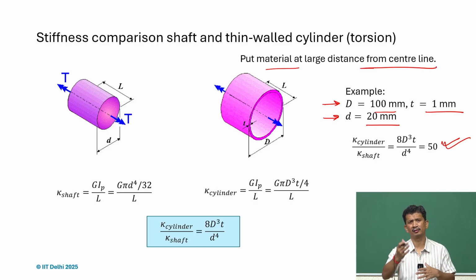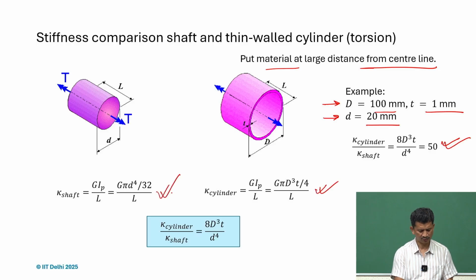We can also understand that when we apply any torsional load, the farther from the center, the forces will be smaller, and therefore the deformation will be small, and therefore the stiffness will be higher. So, that way also we can see, otherwise we can definitely use this formulation and compare ourselves.